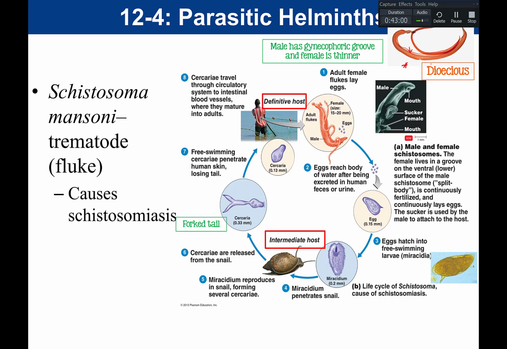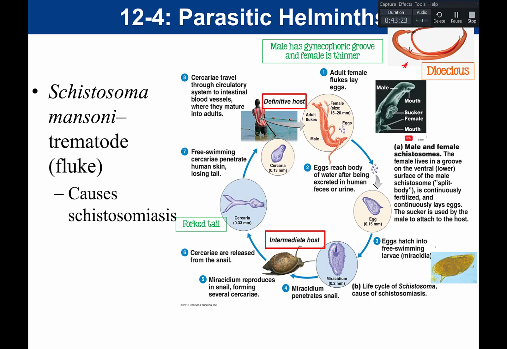And that's like a little pocket where the female can reside and they can continually mate over and over again. And so the male has the gynecophoric groove. He's wider. He has this little pouch. And the female is going to be the thinner of the 2. So you need to know the difference between the male and the female.